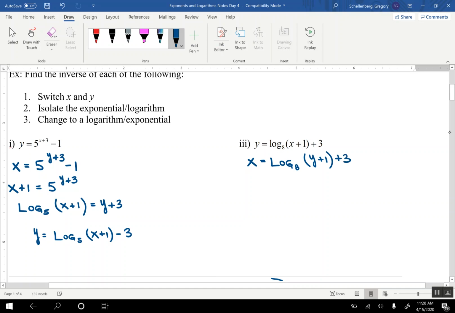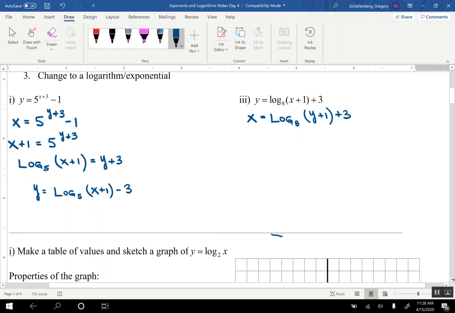Okay, we will isolate the logarithm, so I'm going to move that 3 to the other side. So we get x minus 3 is equal to log base 8 of y plus 1. And now let's convert the logarithm to an exponential.